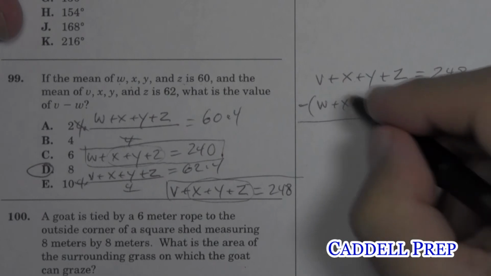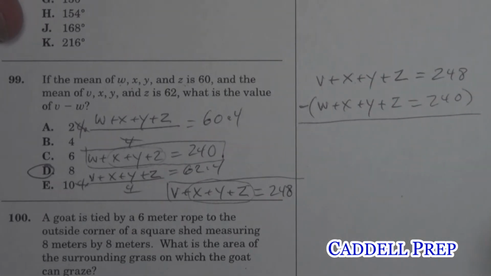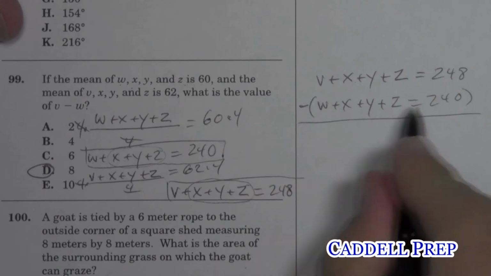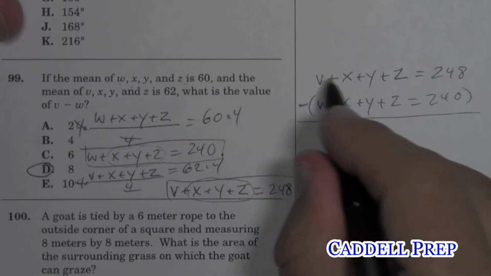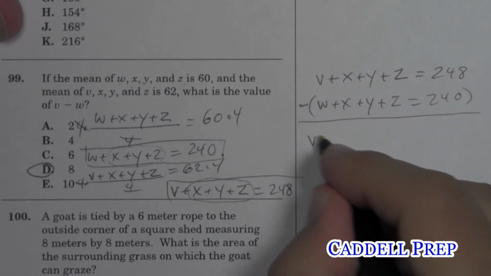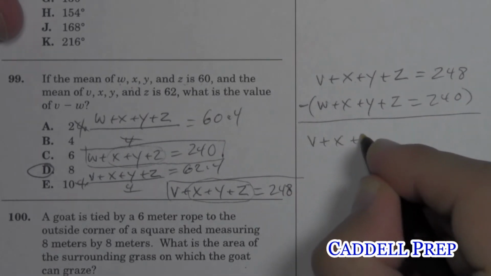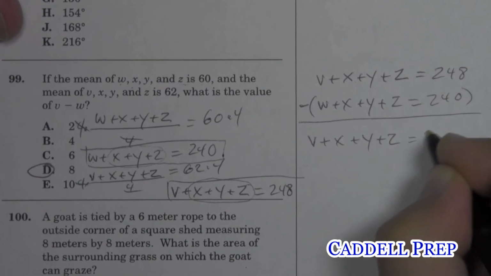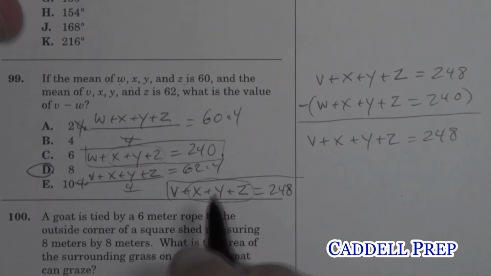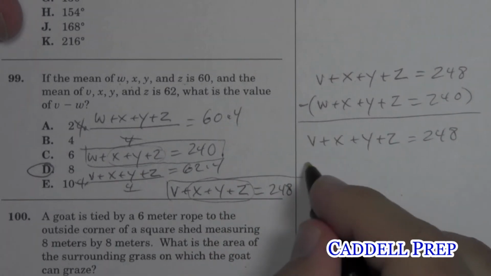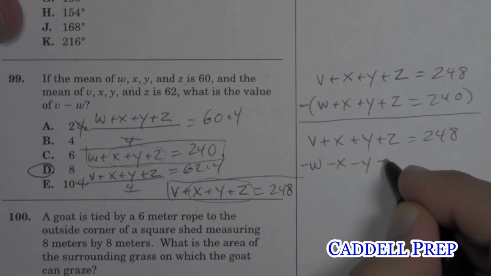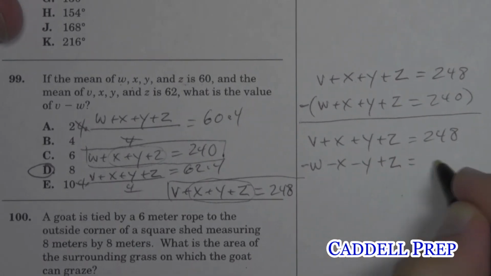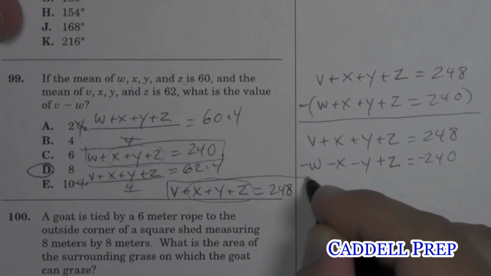It's easier to add equations than it is to subtract them. So I'm going to distribute the minus sign to each one of these terms, and then we'll just add. So the top remains the same. v plus x plus y plus z equals 248. Then I'll distribute this minus sign, so I have negative w, negative x, negative y, negative z equals negative 240.